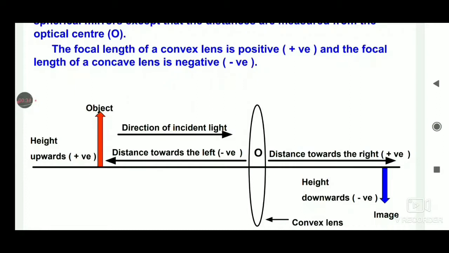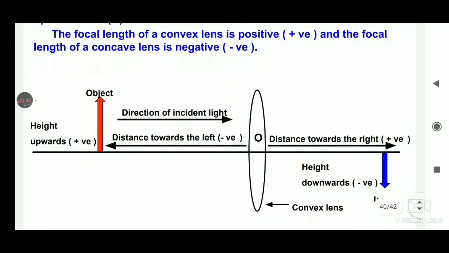Here the focal length of a convex lens is positive and the focal length of a concave lens is negative, and the rest of the rules are same as in case of spherical mirrors.